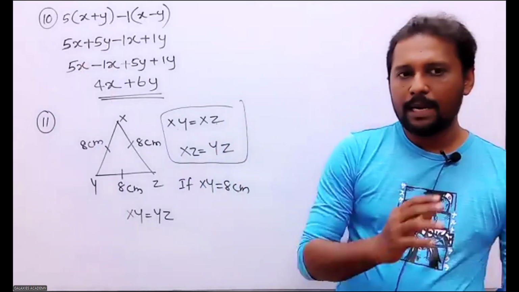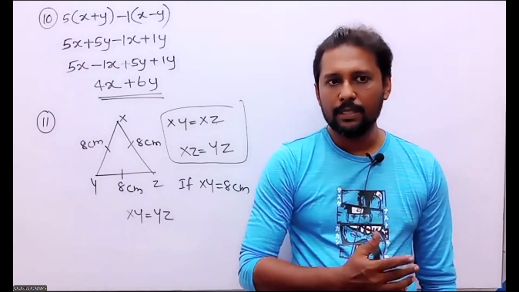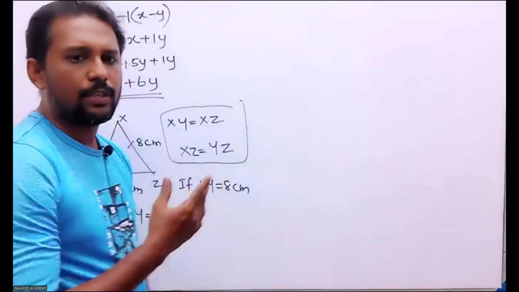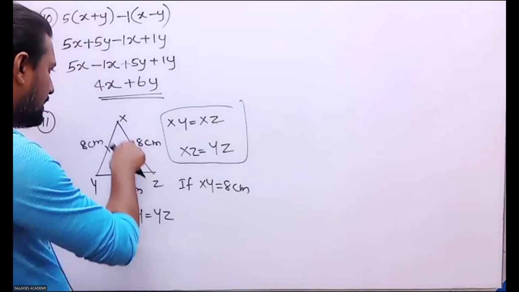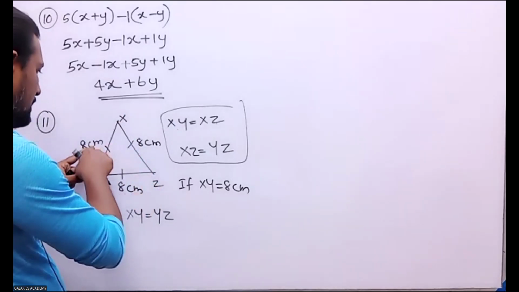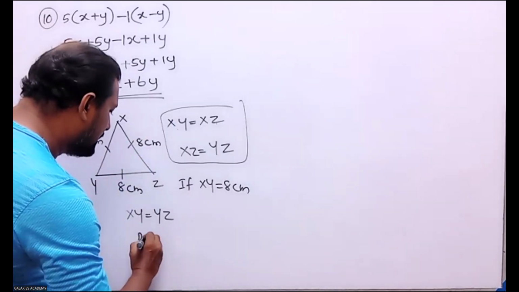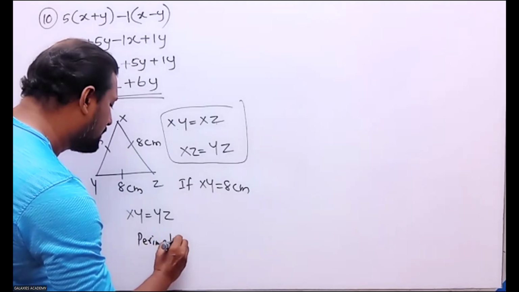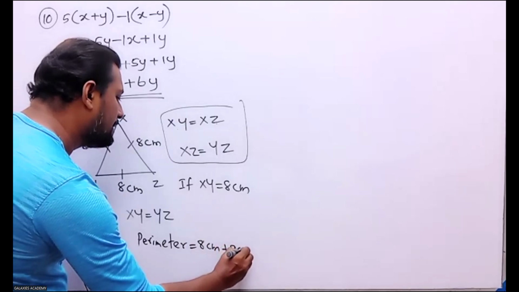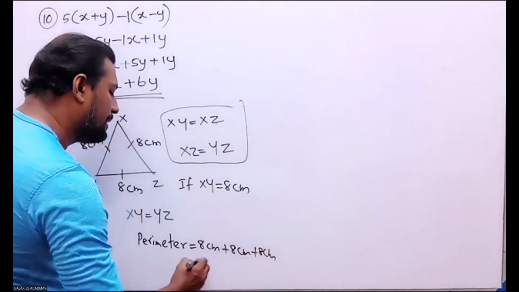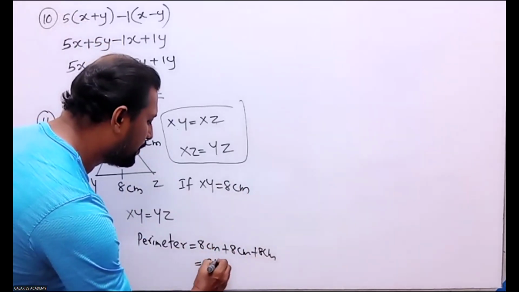Then you have to find the perimeter. No? Perimeter mean what? Sum of the bounded lines of a plane figure, right? Then there are 3 bounded lines you can see: xy, yz, and xz. So you have to add these 3 lengths. So the perimeter is equal to 8 centimeters plus 8 centimeters plus 8 centimeters. 8 plus 8, 16. 16 plus 8, 24.